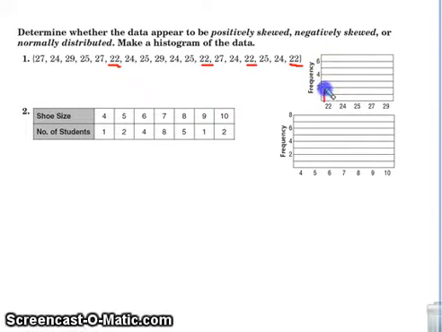And so we are going to go up to 4 in our histogram for 22. If we then go to 24, 1, 2, 3, 4, 5, we have a frequency of 5.